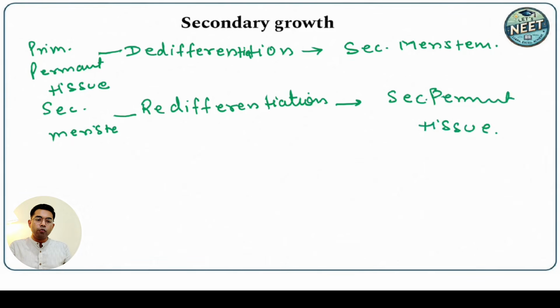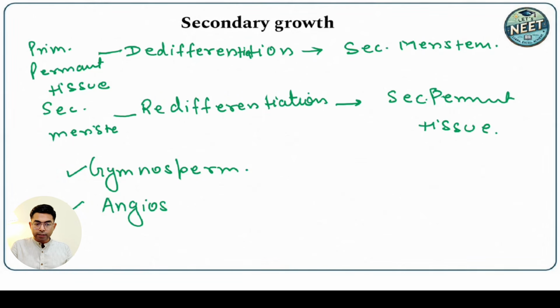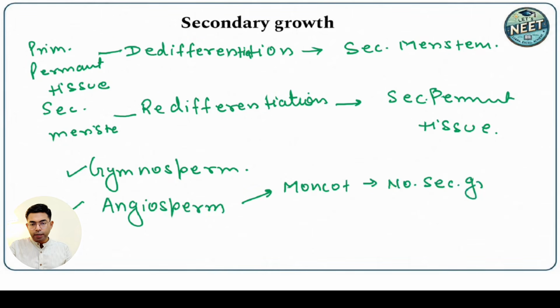Is this point clear? Now where does secondary growth take place? Secondary growth takes place in gymnosperms, right? Secondary growth takes place in angiosperms. Now you know that angiosperms consist of monocots and dicots. In monocots there is no secondary growth, and in dicots there is secondary growth.